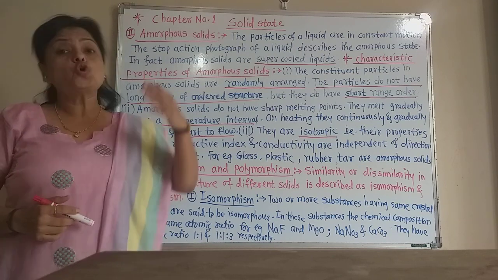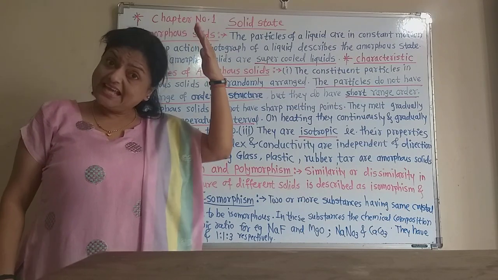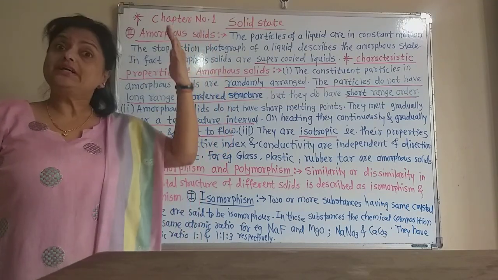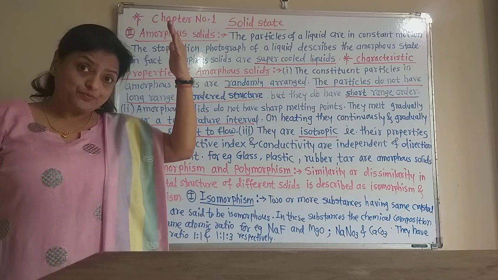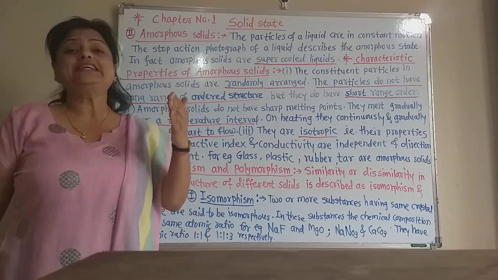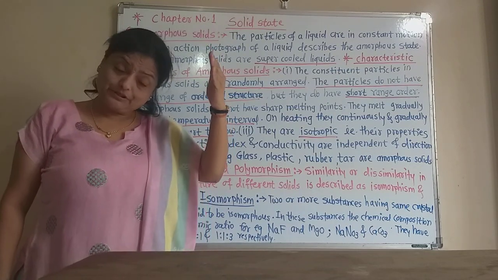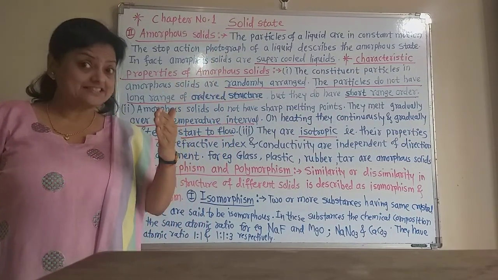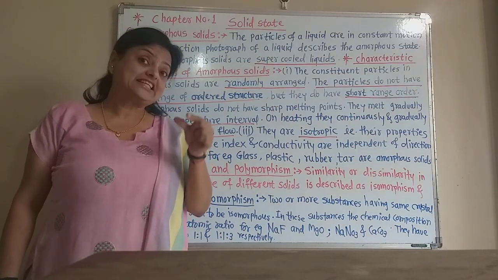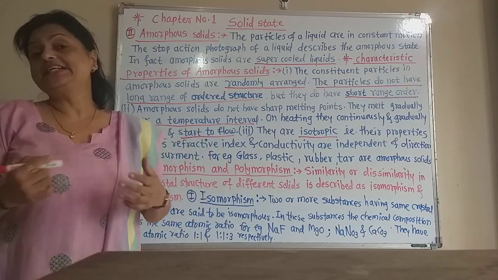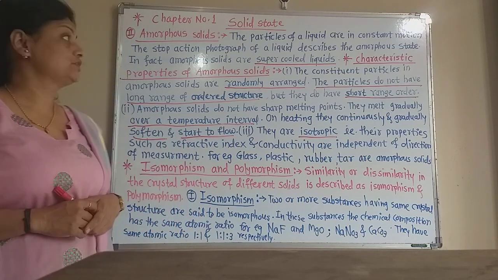Because over so many years that supercooled solid, that is the glass, always flows, but the viscosity is very high. So after many years, the window glass always thickens at the bottom. That is the best example of an amorphous solid.